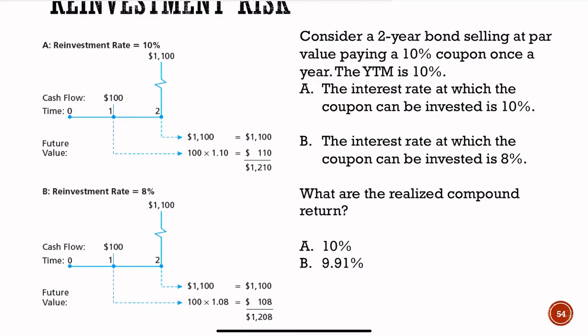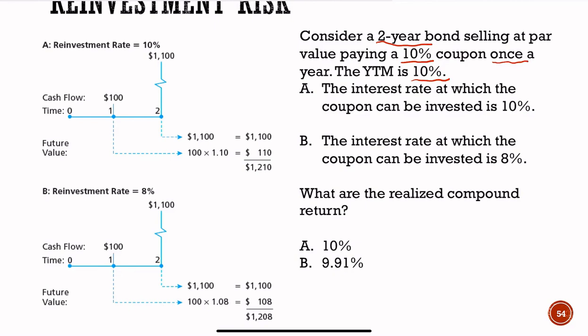And we also assume the coupon is paid annually, and the yield is 10%. So let's consider 2 cases, right? In these 2 cases, the yield of the bond will actually stay the same. But the difference is the interest rate at which the coupon payment can be invested is different.